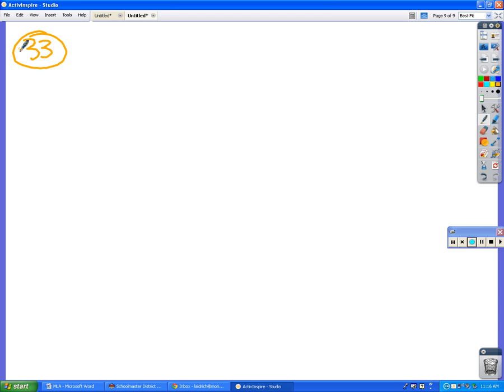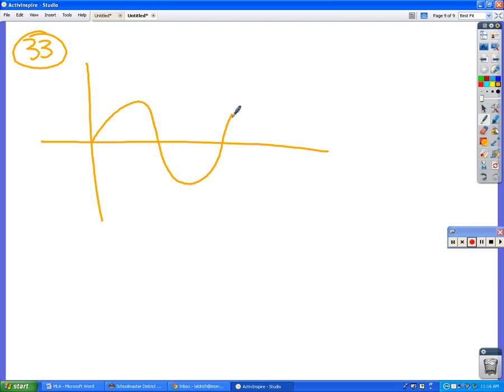A helicopter lowers a rope ladder to a scuba diver floating on the ocean surface. The wave crests at 4 feet above the lowest level of the water every 8 seconds. And so here's what the wave looks like. Okay? And it says the waves crest at 4 feet above the lowest level of the water.